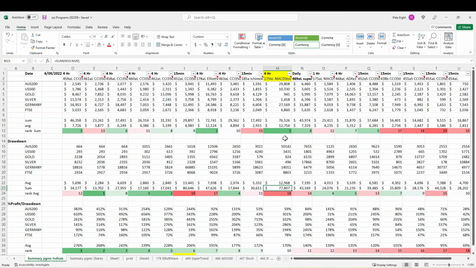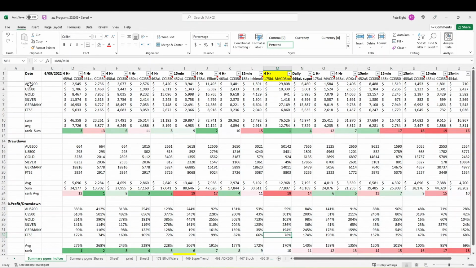So where does this new program fit in amongst the ranking of our programs? So this is the program we ran today, and we showed you the FTSE profitability and drawdown. The total profitability for the FTSE was 68.60, a drawdown of 88.03, and that gave us a profit over drawdown percentage of 78%.